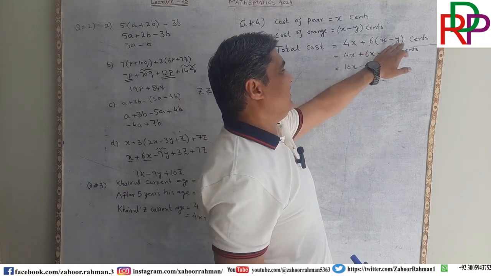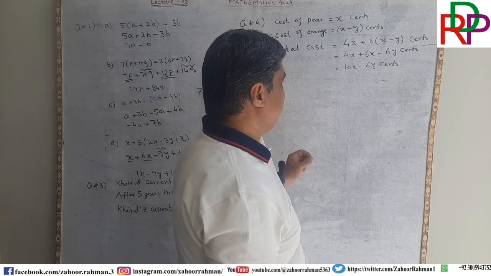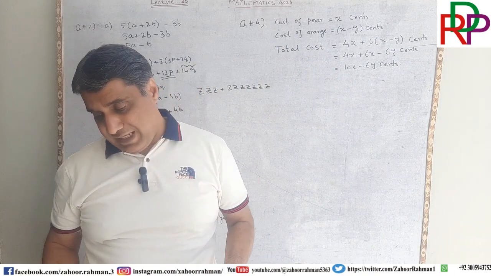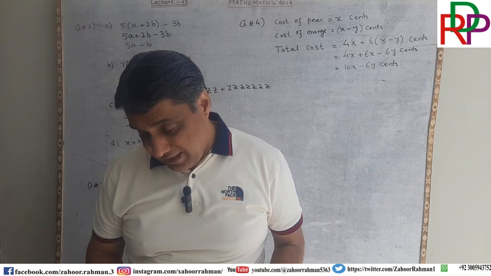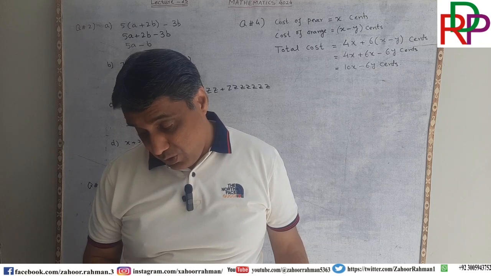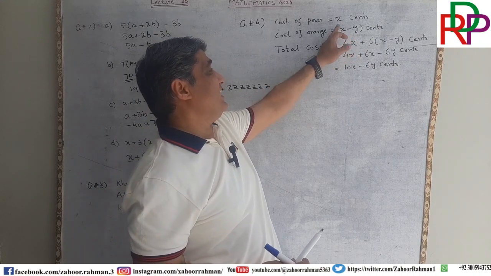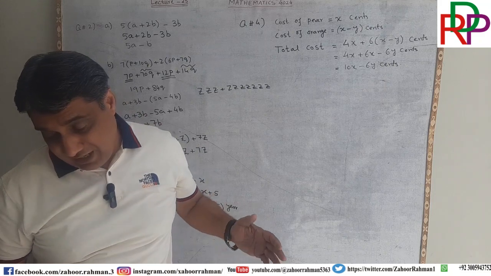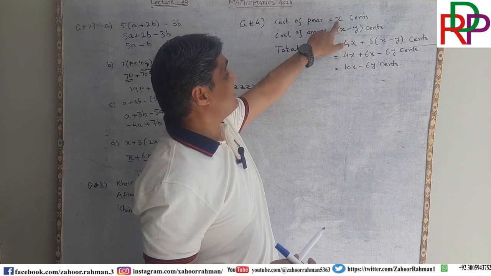This data is given to us. I am not writing it from my own side. This is given to us. So according to the condition, listen carefully, a pear costs X cents and an orange costs Y cents less than a pear, because pear costs X. Find the cost of 4 pears, because X represents pears.